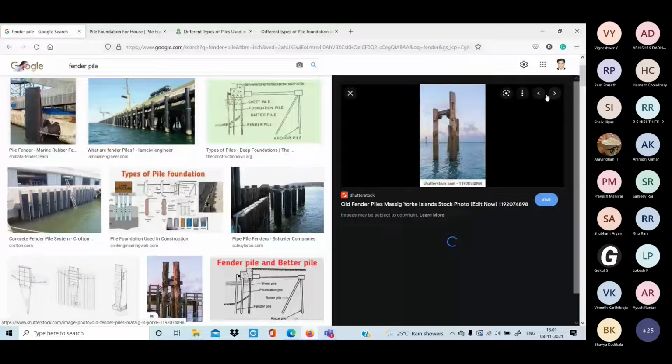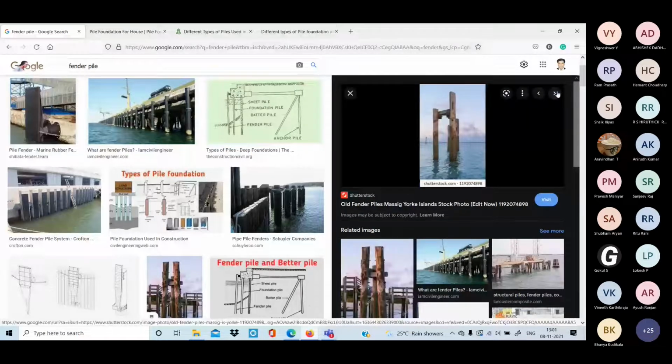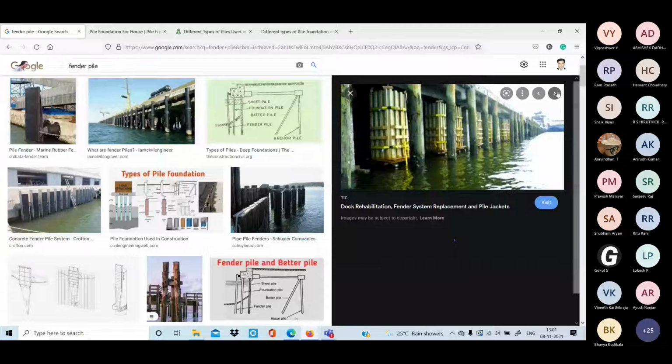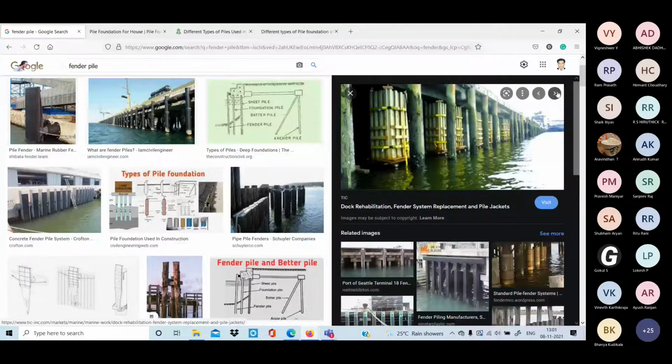This is also a sheet pile. These are all called fender piles. Sheet piles, fender piles, and one more we have is raker piles. Raker means in an inclined form.